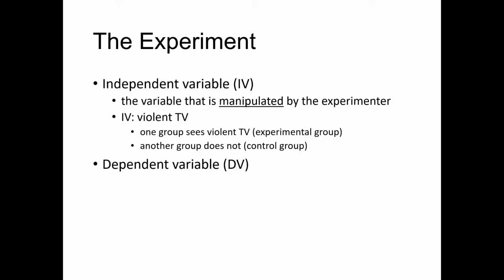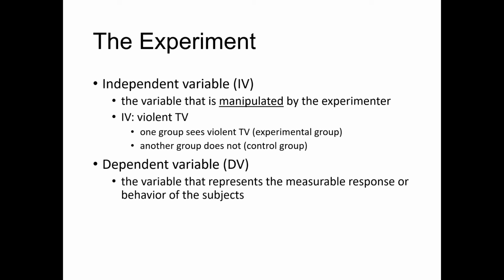On the other hand, dependent variable is something that is dependent on the participant, and as a result, the researcher is not able to manipulate or control it. In other words, because whether or not the participant will play aggressively is up to the participant as opposed to the researcher, aggressive play will be the dependent variable in this example.